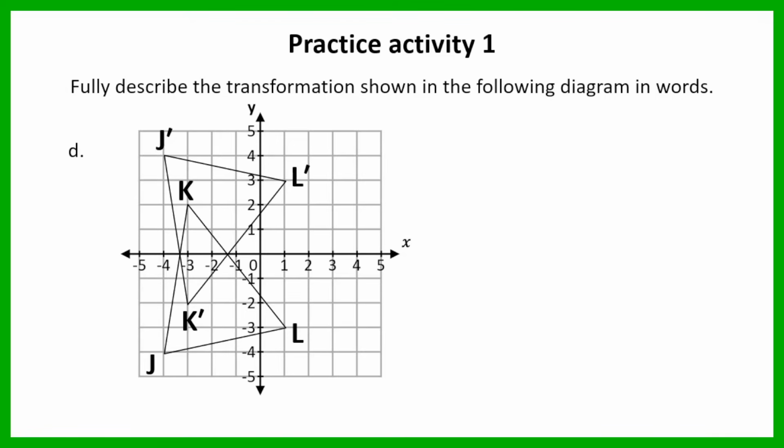Okay, so let's go through that quickly. So you should have seen that this is a reflection transformation. It's been reflected, and you need to also say what the line of reflection was, and that is the x-axis in this example. So it was reflected about the x-axis.